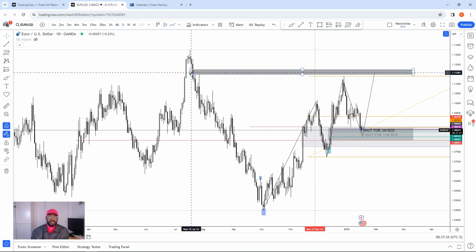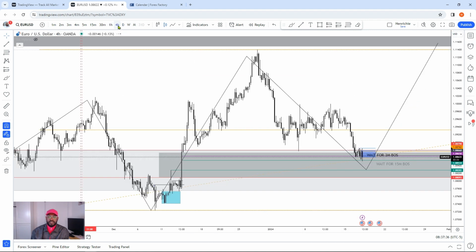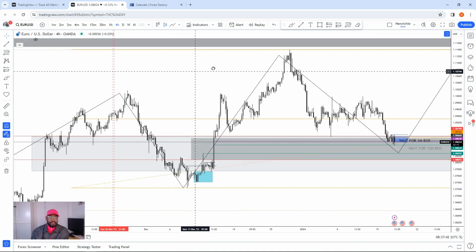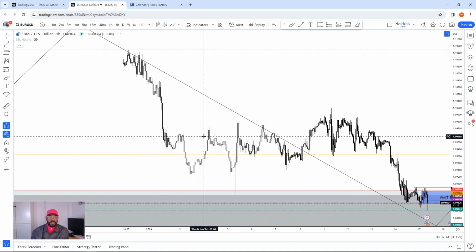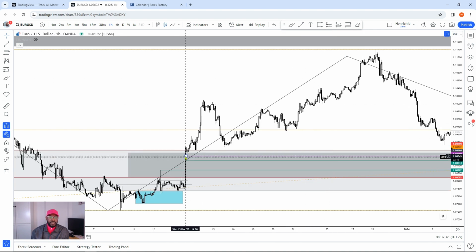So we'll go to the 4 hour time frame to see what it is showing us, and all I can see right here is the key level. If we scale down to the 1 hour time frame, you can see the purple line right here. That's the open of the inefficiency resting right here.